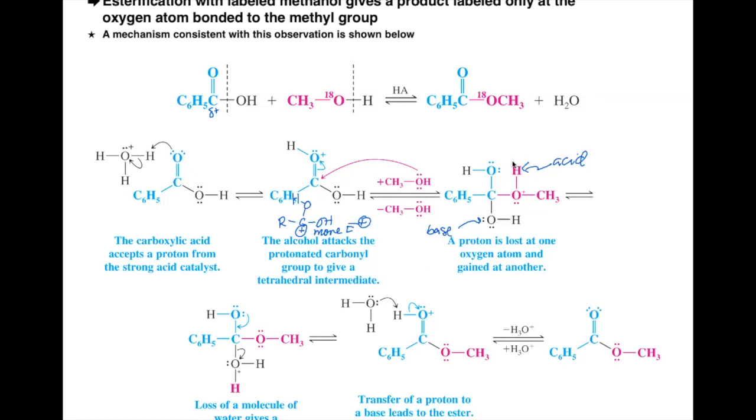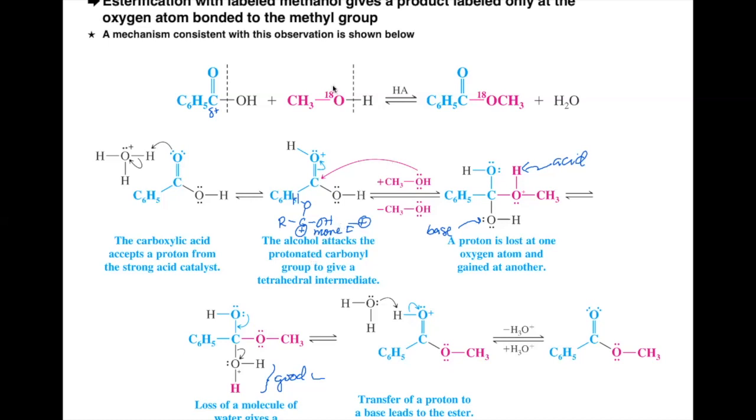Kaya lumipat yung proton from this oxygen to that oxygen. Napunta dito. Okay, so that when it regenerates the carbonyl group, then this becomes a good leaving group. So naging good leaving group na yun. Okay, so which is water. This oxygen is still protonated, so we need to remove the proton. Hence, you reform the acid catalyst. And finally, the product, which is an ester.